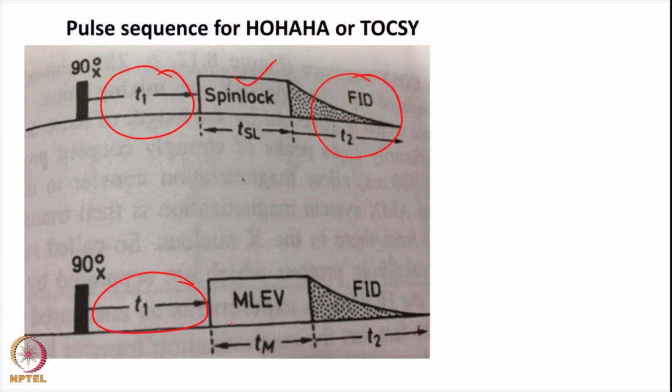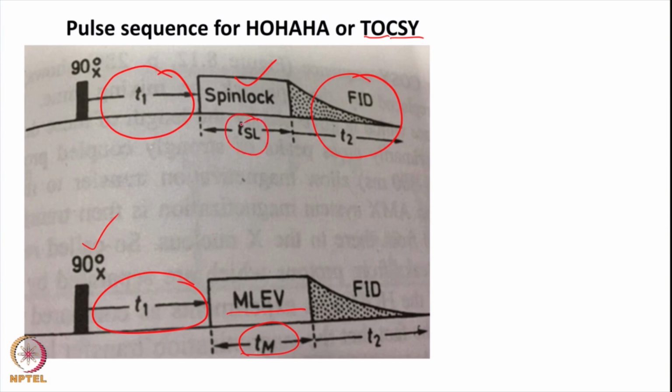Similarly in the case of TOCSY, total correlation spectroscopy, which we are going to learn after a few classes, this is also essentially achieving this Hartmann-Hahn matching condition. So start with a 90-degree pulse, and then a series of decoupling pulses is applied, which is called MLEV, and then you detect it. So this is the mixing time and this is the spin lock time. Essentially the concept is similar.